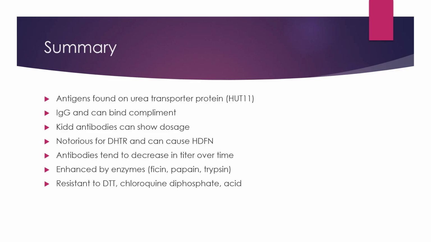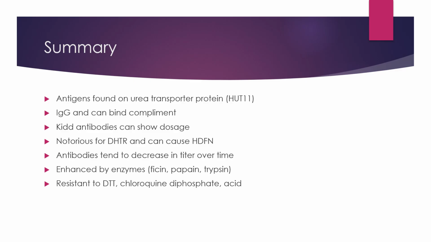In summary, Kidd antigens are found on the human urea transporter 11 protein, a urea transporter protein located on red blood cells and kidney tissue. Kidd antibodies are clinically significant, comprised primarily of IgG, and can bind complement. Kidd antibodies are known to demonstrate dosage, meaning they react stronger with homozygous cells versus heterozygous cells.